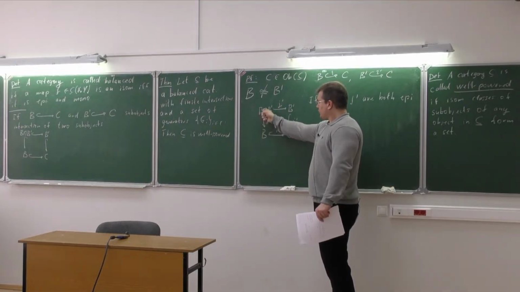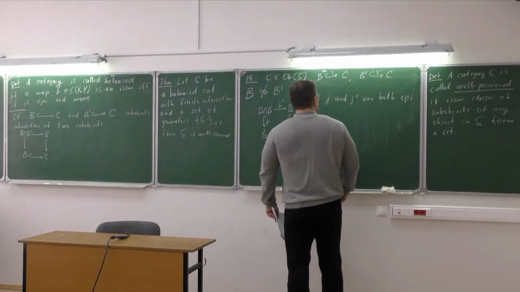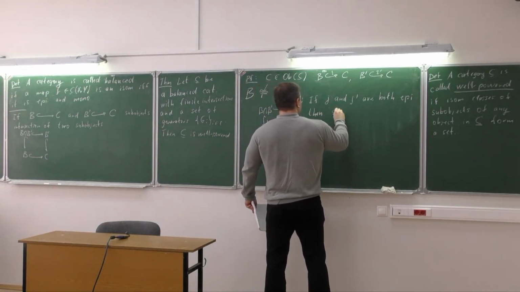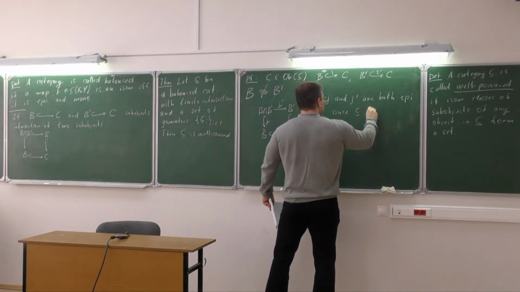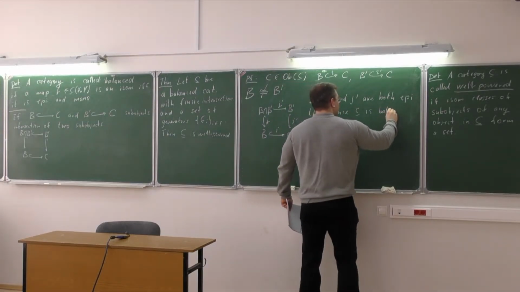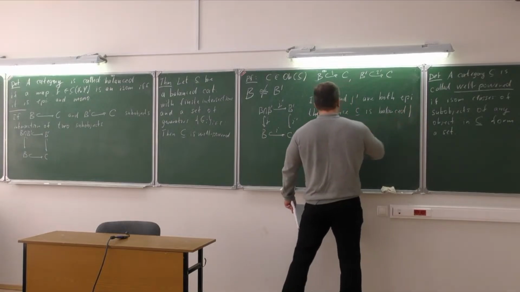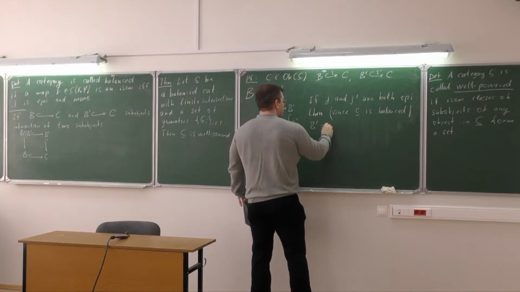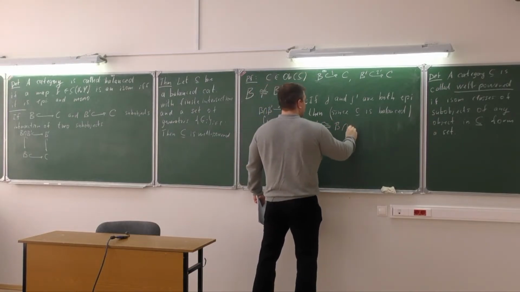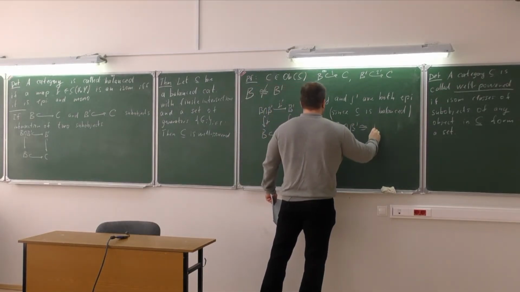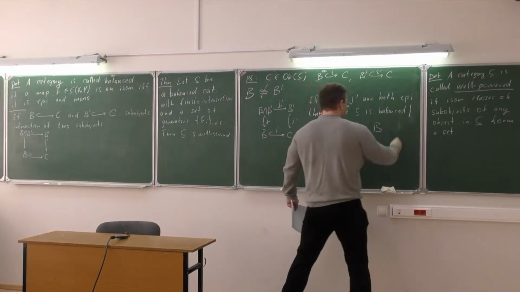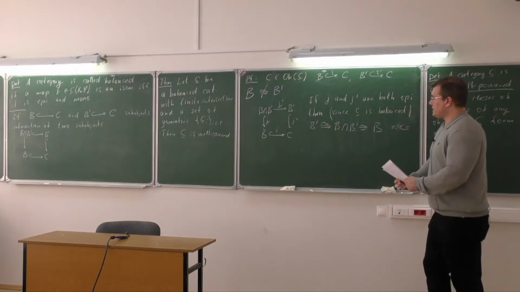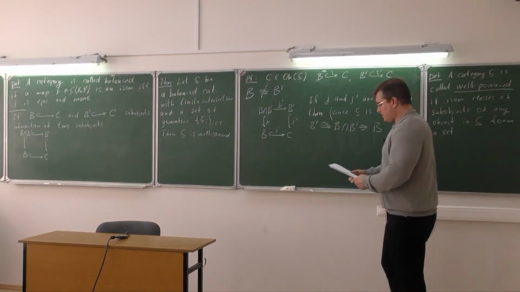Hence, these two objects are isomorphic. So then, since C is balanced, I can conclude that B prime is isomorphic to the intersection, and this intersection also is isomorphic to B, which is a contradiction. So without loss of generality, I can assume that at least one of these J's is not an epimorphism.